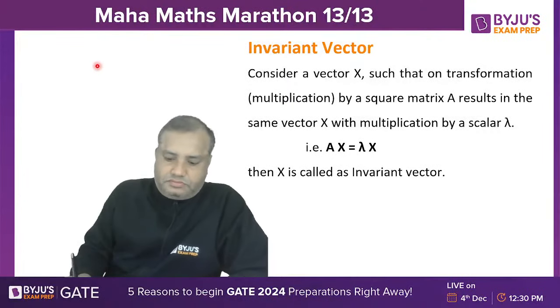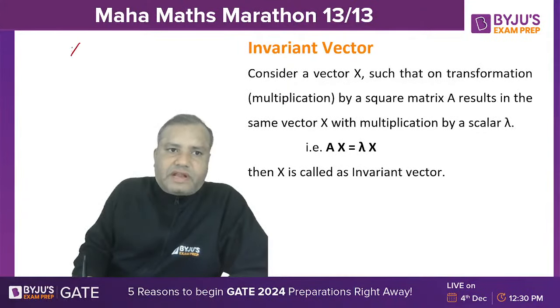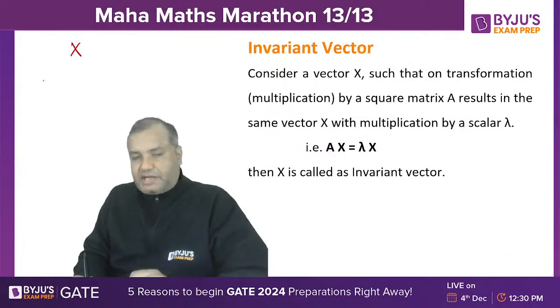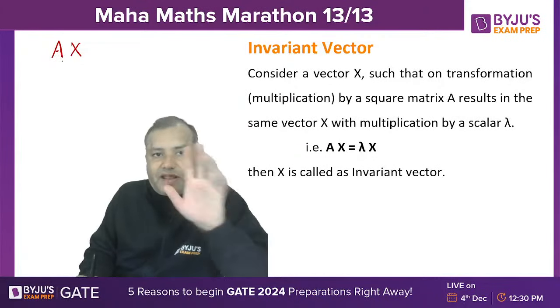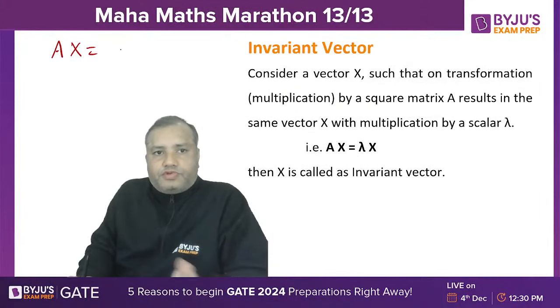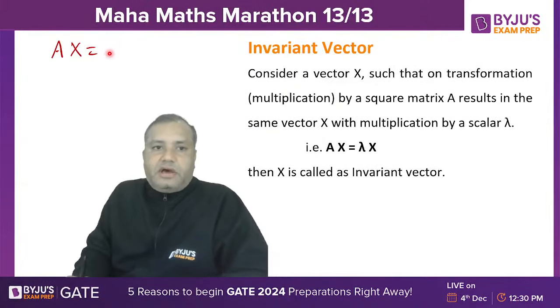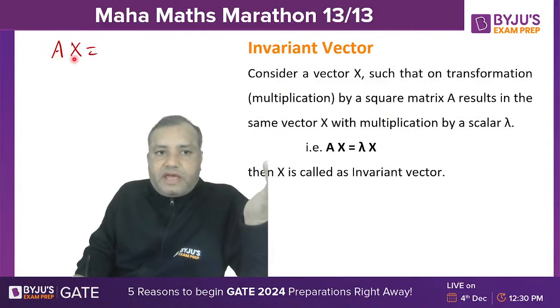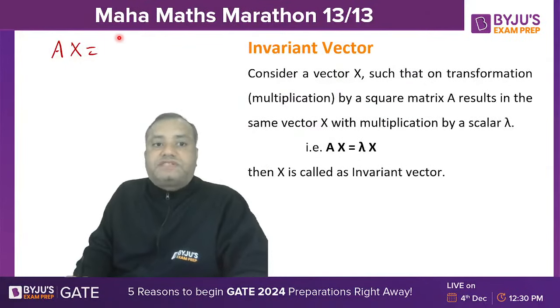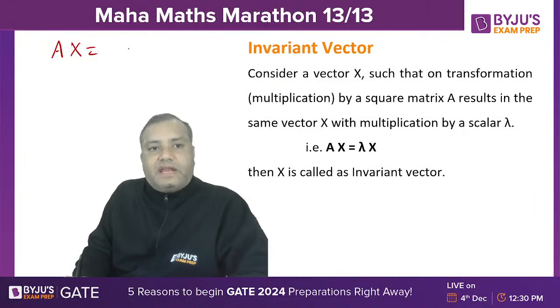Students, if we are having a vector x such that if you multiply it by some square matrix A, it gives you the same vector on the right hand side. You have a vector x which on multiplication by a square matrix A produces the same vector. Produces the same vector means on the right hand side you will get again what? X.